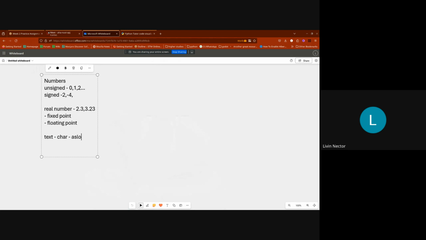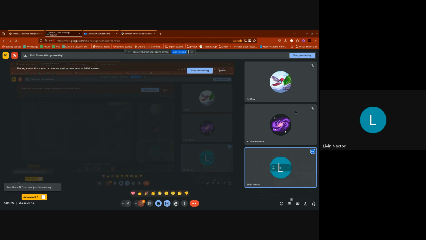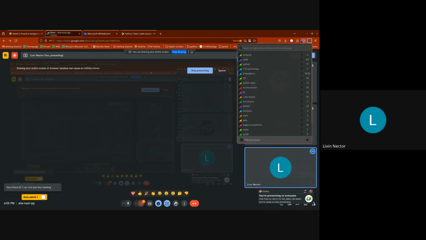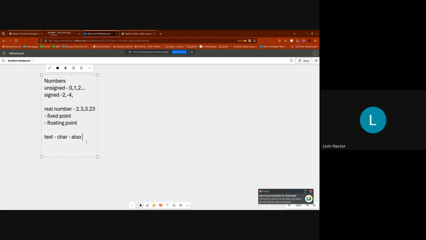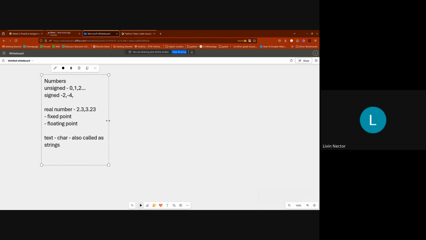Then, for example, A, B, all those characters, everything that will appear on your keyboard.